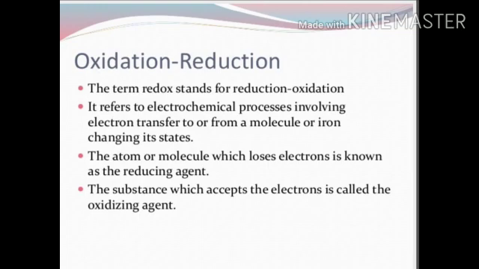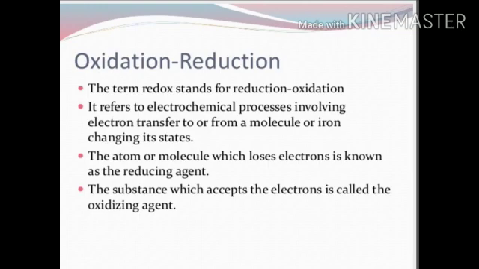Now, the question is: what is oxidation and reduction? According to the classical concept, oxidation is the addition of oxygen or removal of hydrogen, and reduction is the removal of oxygen or addition of hydrogen.